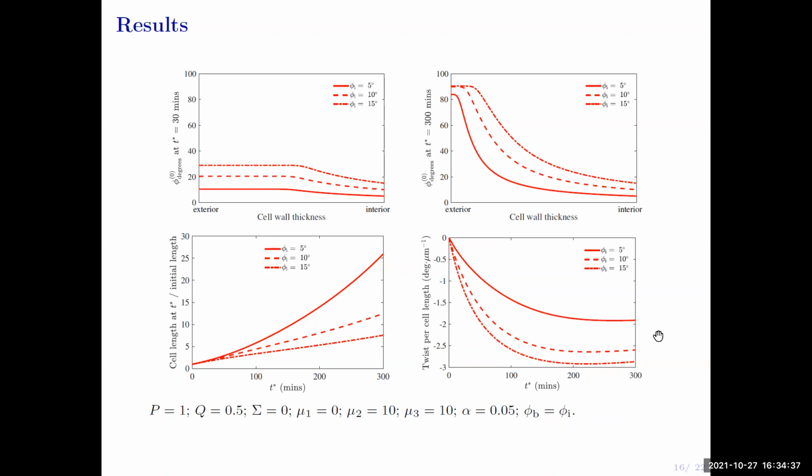That doesn't mean the cell stops twisting. It just means that the twist per unit length tends to a constant. So when the cell grows by another x, it twists by another constant times x, right? So the cell settles into a kind of uniform helix, if you will.